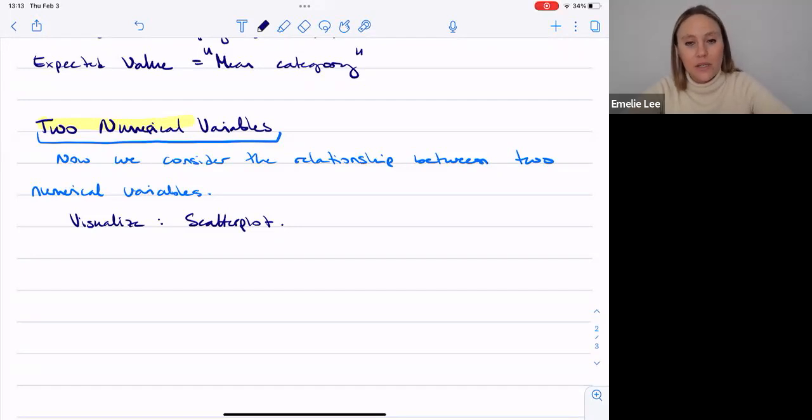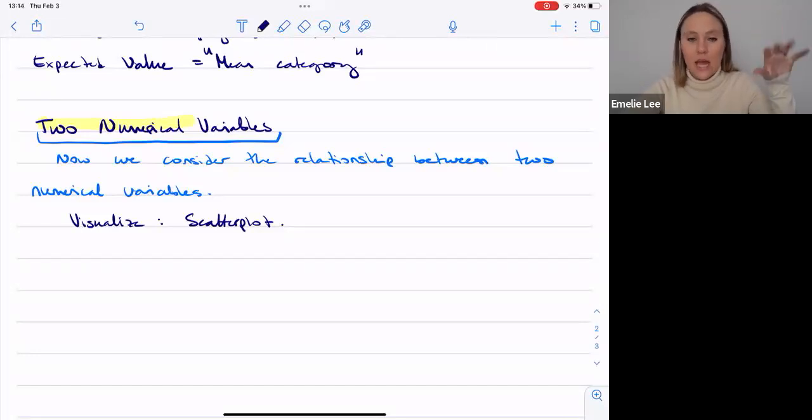Okay, so we're going to visualize using a scatter plot, and if we have a linear relationship, then we're going to talk about the correlation. In fact, we're going to talk about the correlation for any relationship as if it's just the strength. And the only reason I'm specifying is because the only correlation that we have seen so far is the Pearson correlation coefficient, which is only for linear data. But we can talk about the correlation for other relationships as well.